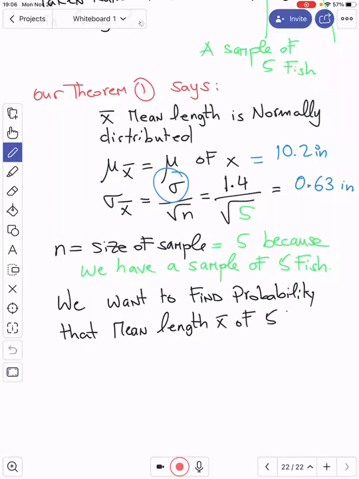In other words, we need to find the probability that x bar, the mean length of the 5 fish, is between 8 and 12.